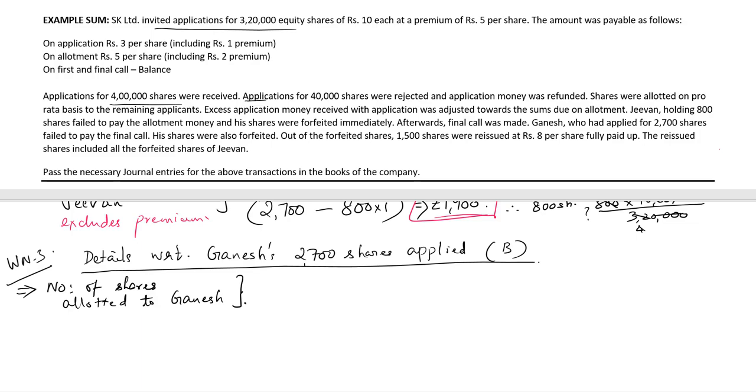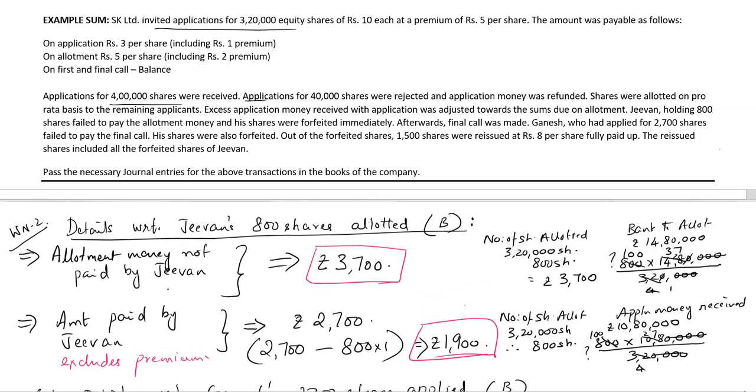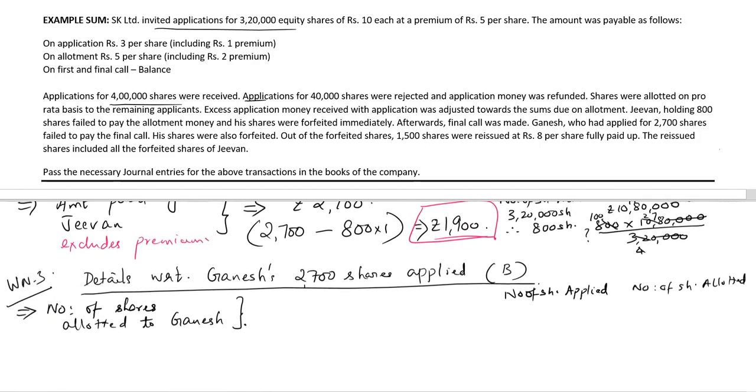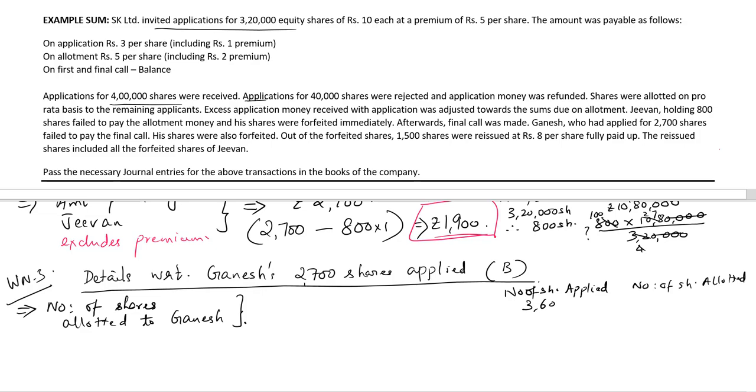We need to take the two columns as the number of shares applied column and the number of shares allotted column. In the B category, against 3,60,000 shares applied for, the number of shares allotted is 3,20,000 shares.